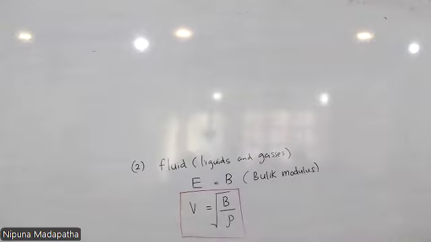Find the speed of the sound waves in steel. The density of the steel is 8,000 kilograms per cubic meter.